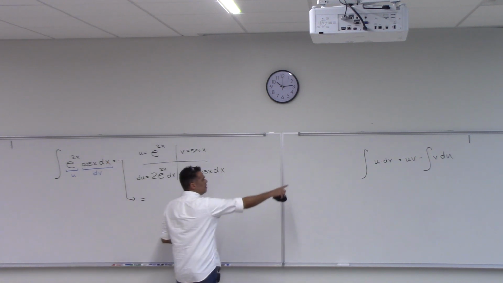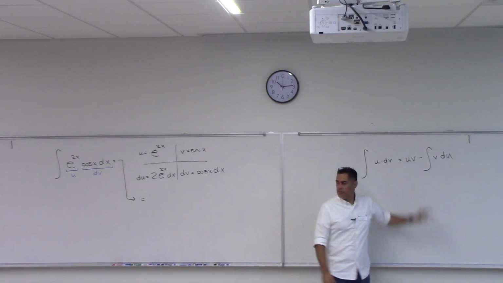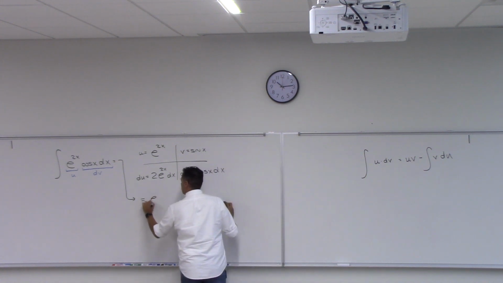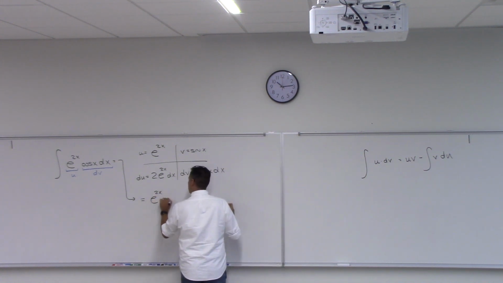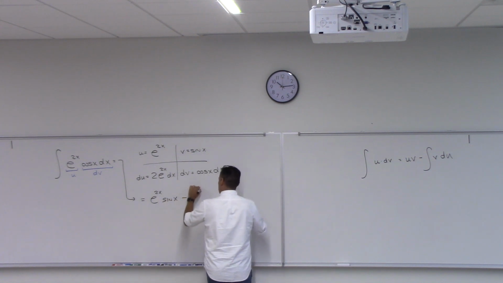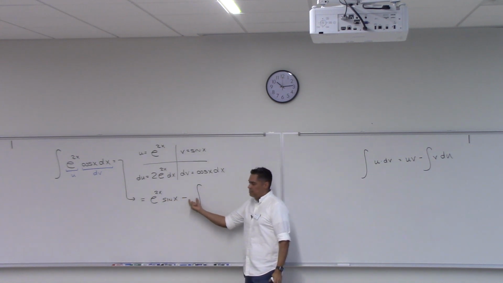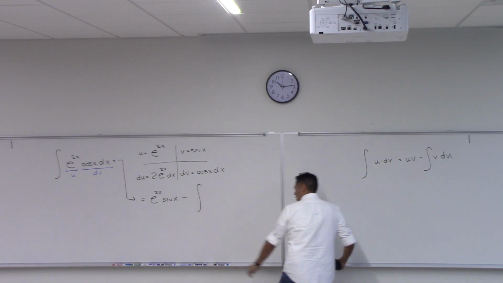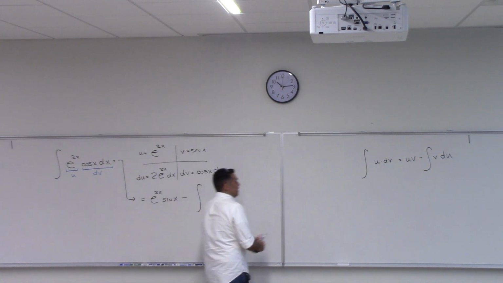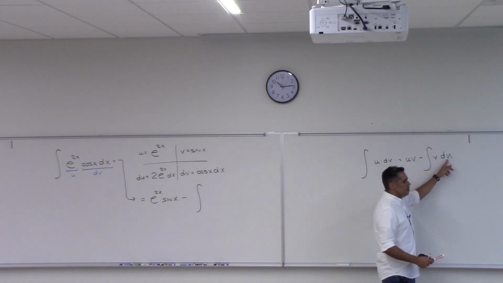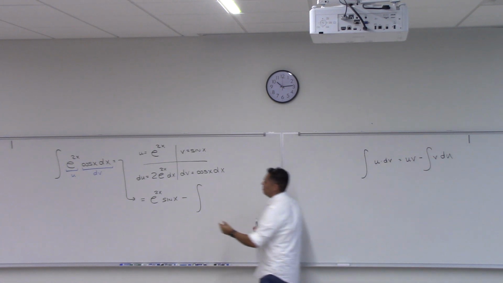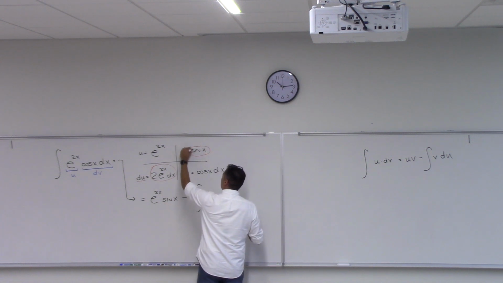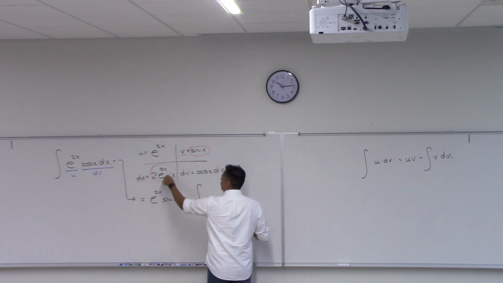becomes, right, I'm using the formula now, uv, so u times v, that's these two multiplied together, e to the 2x sine x, minus the integral, and I always like to leave a space in front of the integral because I might have a constant that I'm going to pull out. Now I'm going to do, sorry, not dv, v du, which is this, that's du, this is v, right? v times du, or these two multiplied together.